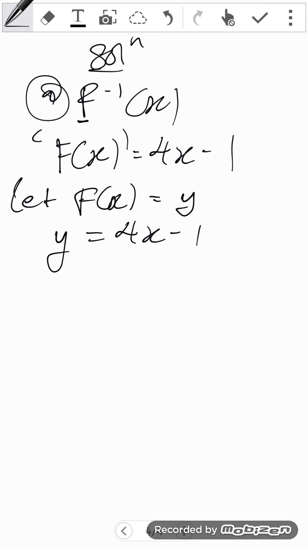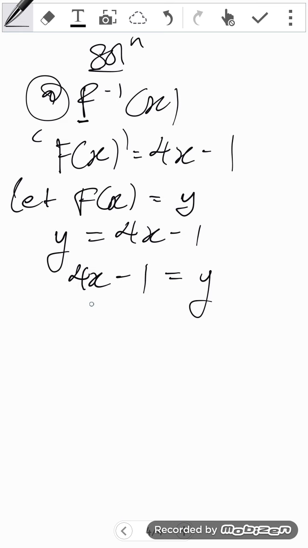To make it easy for us to understand, we just simply flip the equation. Flipping the equation simply means that this will appear on this part and this will appear on the other part, where you'll have 4x minus 1 being equal to y. Be mindful that nothing crosses the equal sign. We just simply flip the equation so we can easily understand it.